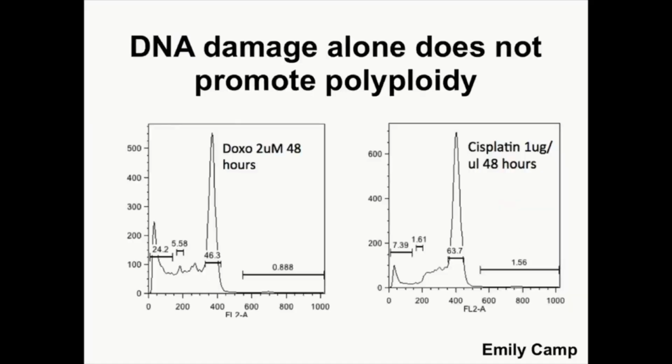Similarly, DNA damage alone does not seem in these cells to promote polyploidy. These are cells that don't see VPR but do see two different DNA damaging agents, doxorubicin and cisplatin, neither of which is sufficient to cause this increase in ploidy. So it's not just that VPR is integrating into the genome or causing DNA breaks that's sufficient to cause this ploidy increase.